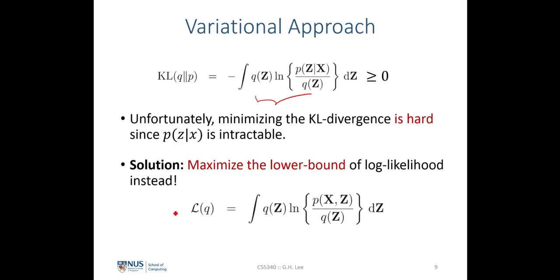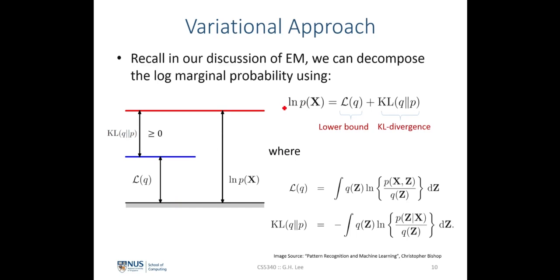The lower bound of the log likelihood is given by this particular expression over here, and we have seen the derivation of this lower bound and the KL divergence and their relation to the log likelihood in the lecture when we looked at the proofs for the EM algorithm.